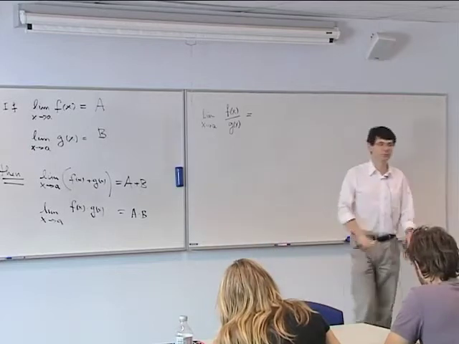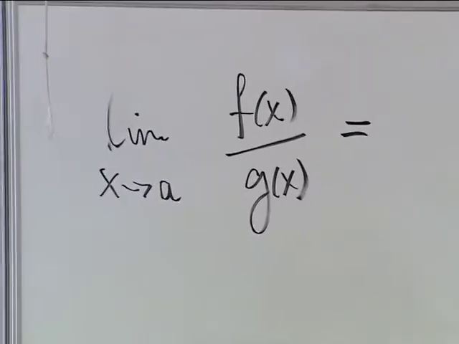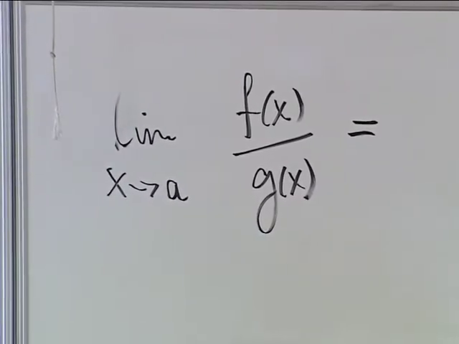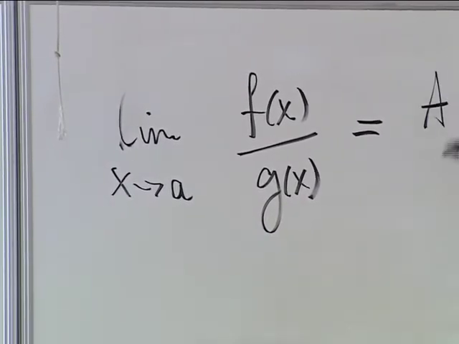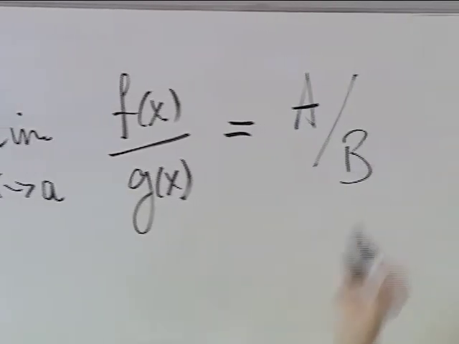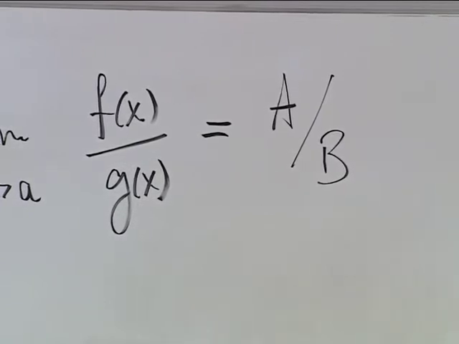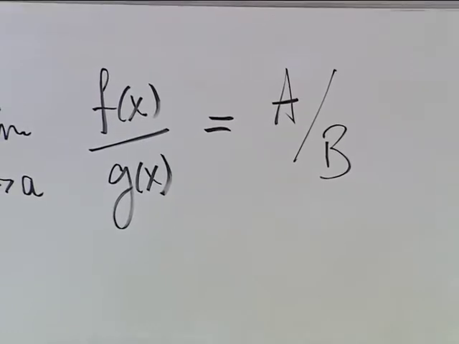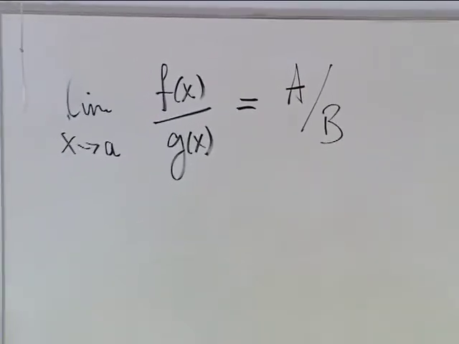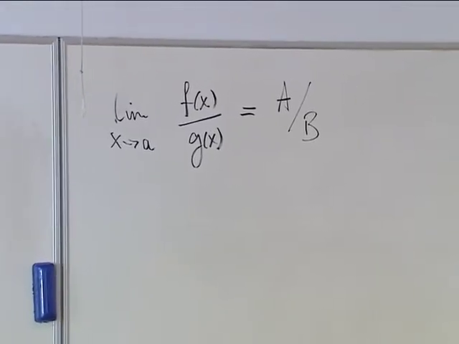What's that? Just A by B. You probably mean divided by B. That's right, but there's a trap for you. Whenever you see a division, what's a trap? Don't divide by 0.